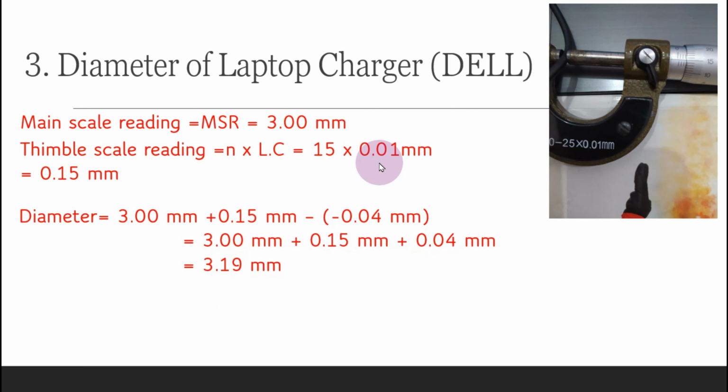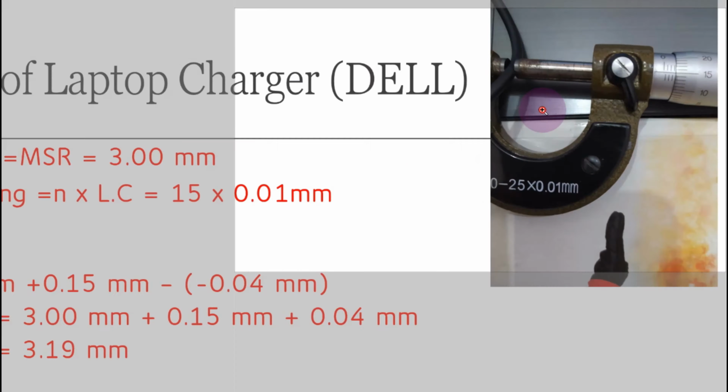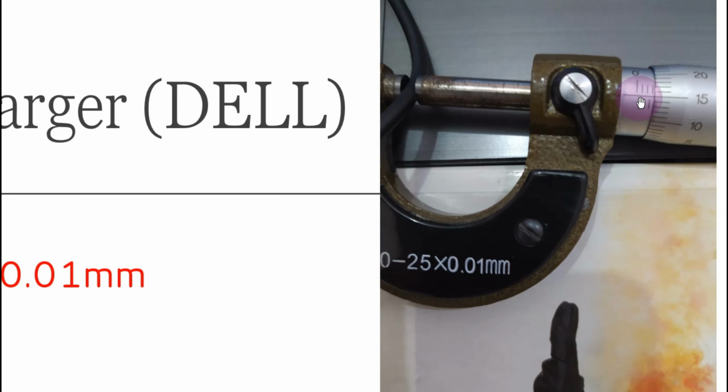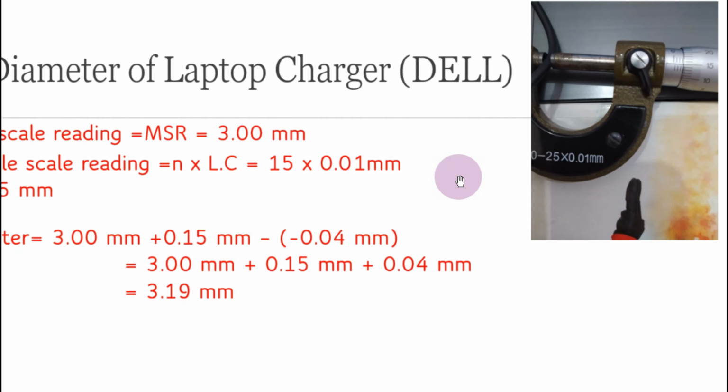Now going further, here is a wire thicker than the hands-free wire, and this is the wire of the laptop charger. Let's read the main scale reading. The main scale reading shows 0, 1, 2 and 3. So the main scale reading is 3 millimeter, and the thimble scale mark which coincides with the datum line is 15. So let's put it here.